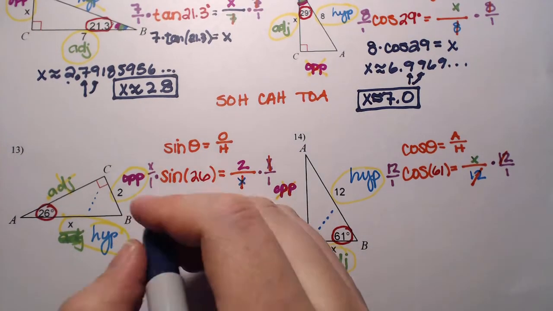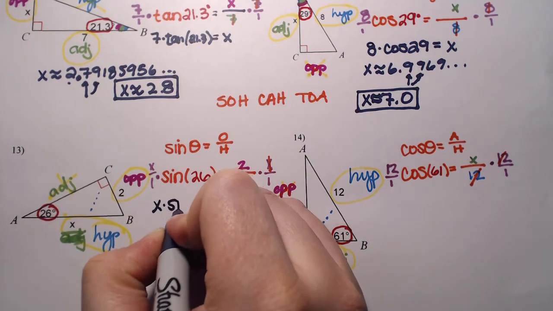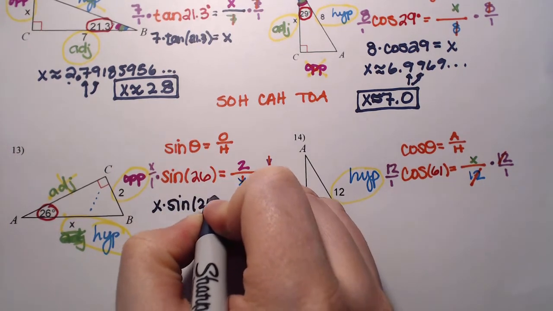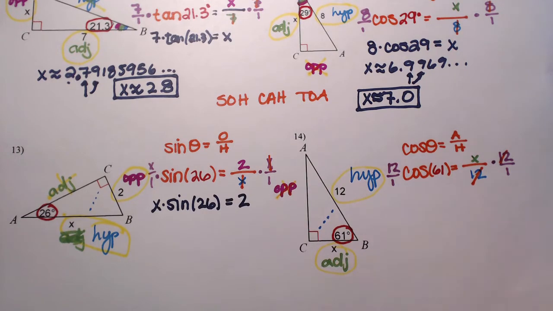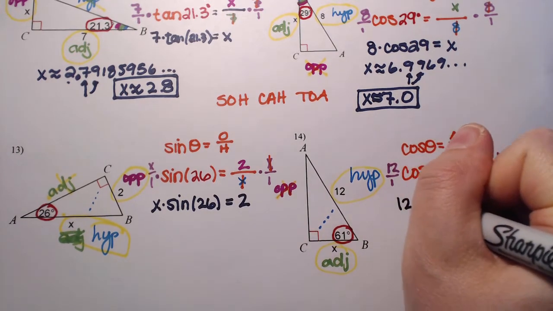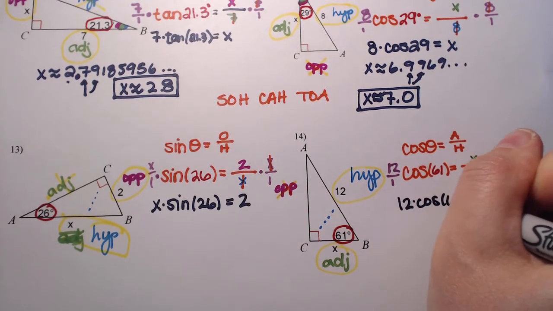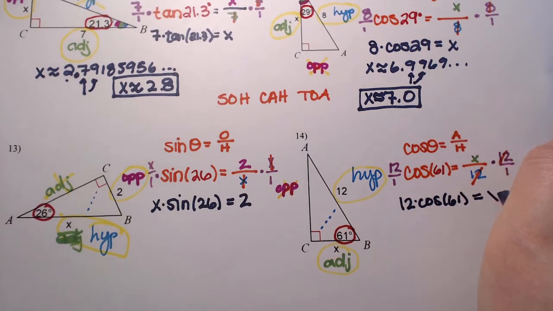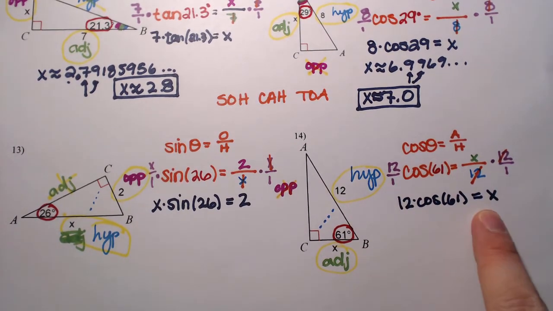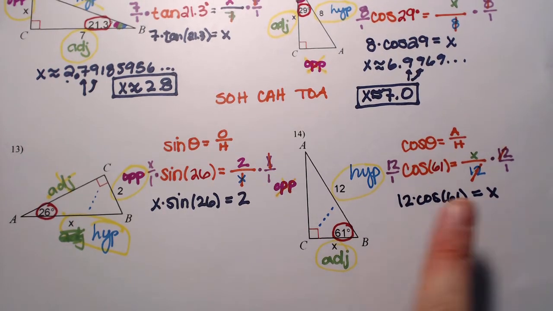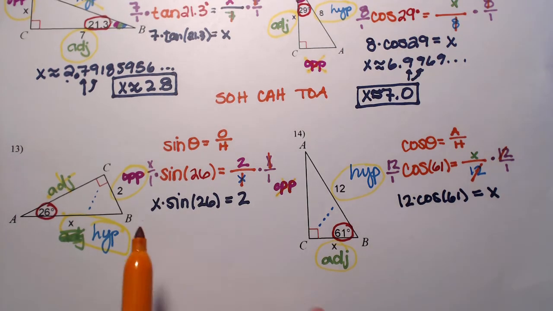So then over here we have x times sine of 26 equals 2. And on this one we have 12 times cosine of 61 equals x. This one is ready to be typed into the calculator because x is isolated, it's by itself. This one's not. We still have another step here. So I'm going to say, what is happening to x?